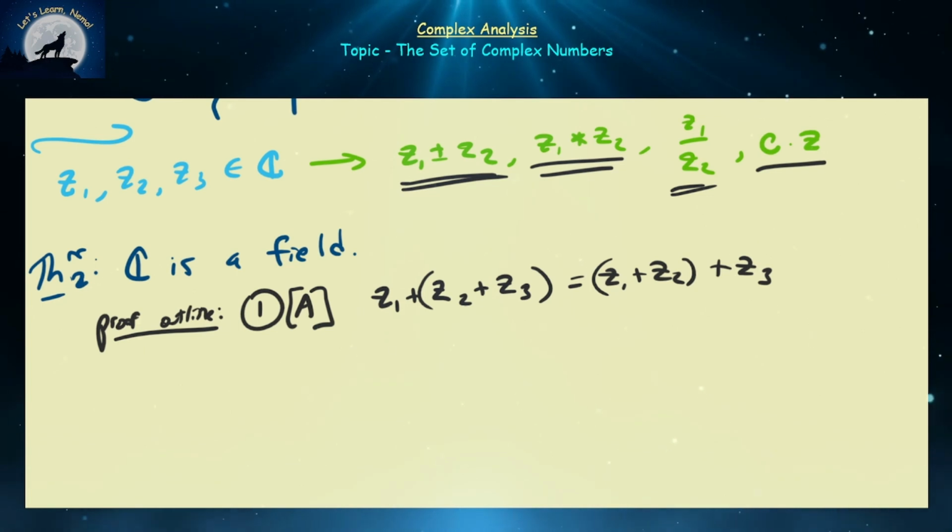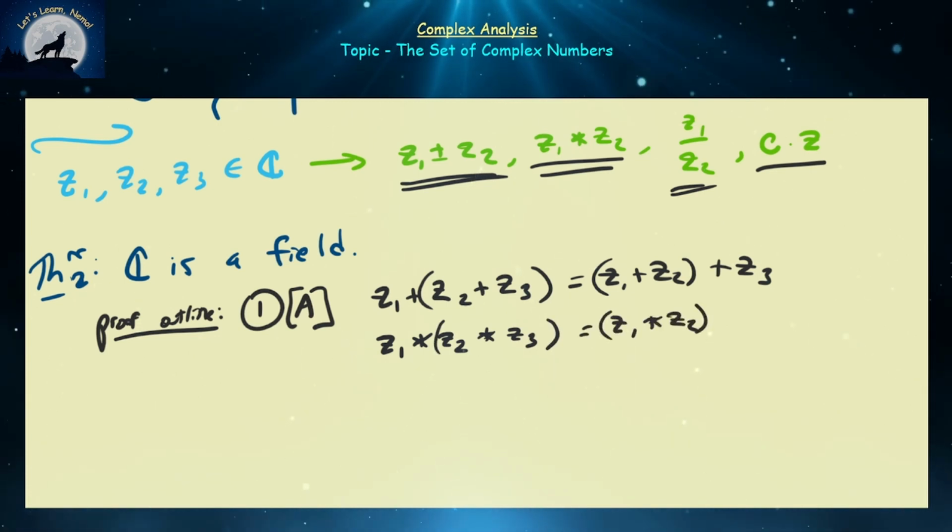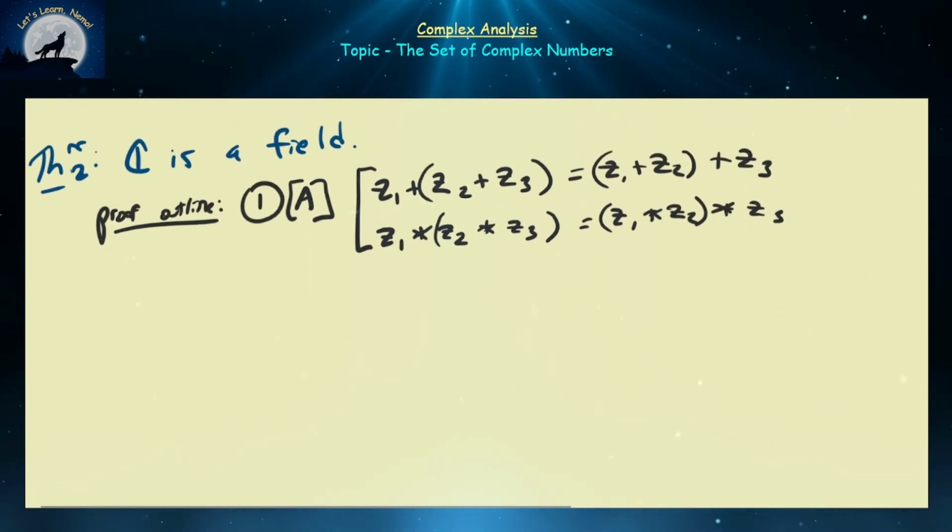You would also have to show that z1 times z2 times z3 will be equal to z1 times z2 times z3, again grouped differently. And again, as long as you work with those definitions that we did for addition and multiplication of complex numbers, you should be able to justify these as long as you assume that the set of real numbers are associative and commutative and all of those things.